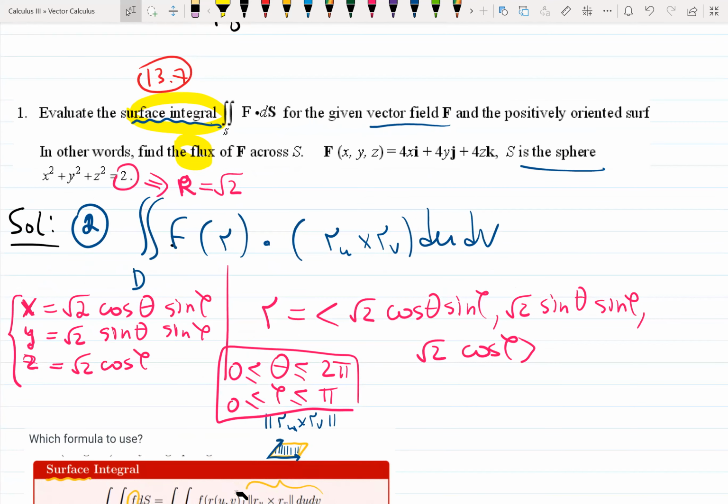13.7, let me tell you. Number one was good, just too many calculations. What if I give you parametrization? Are there any examples? Oh, of course not. Surface integral.